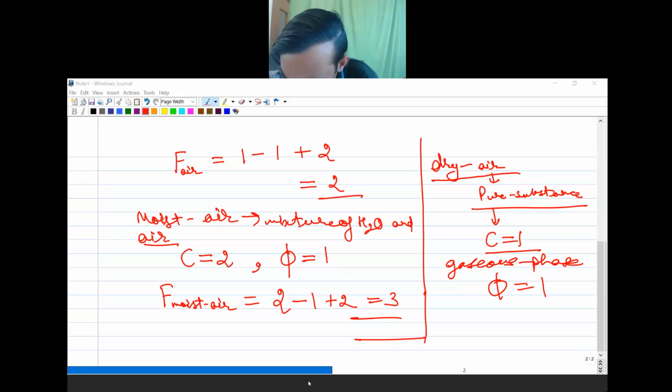Second part, okay. What I told you is that while we are talking about a mixture, under the condition of mixture and the state postulates, whatever number of parameters we are getting, apart from that we have to provide one additional parameter in order to specify the state.